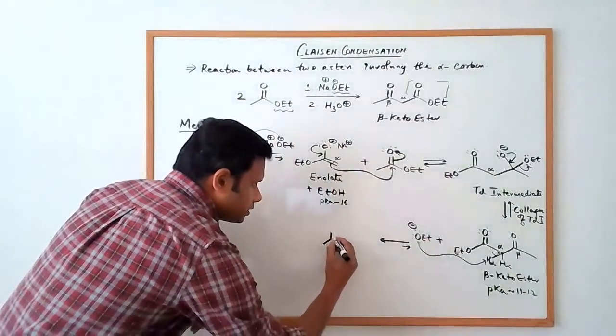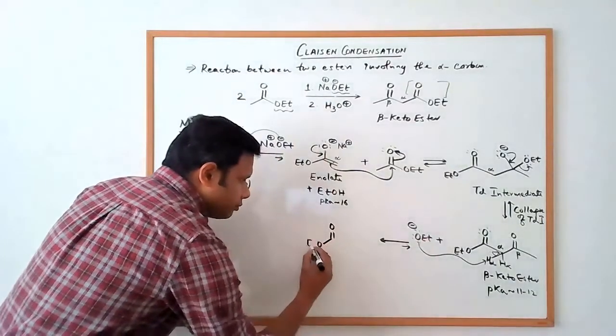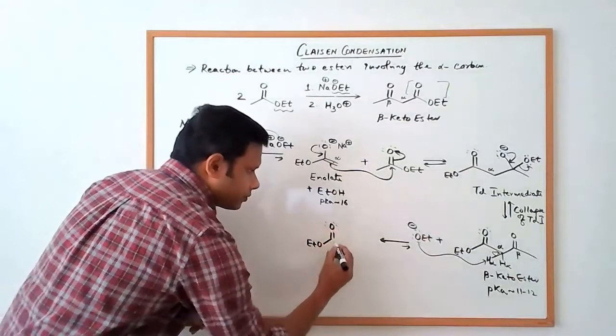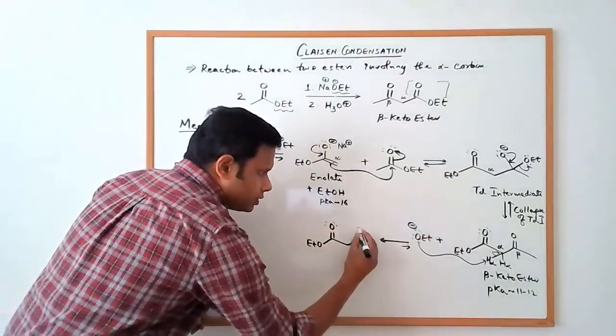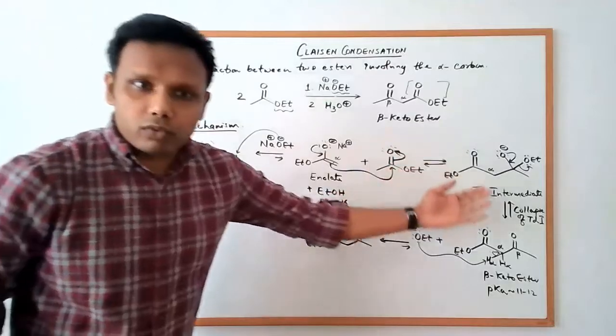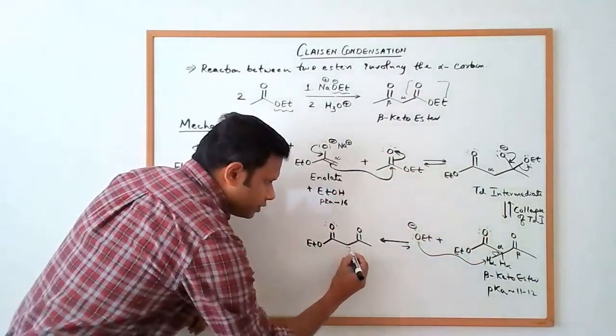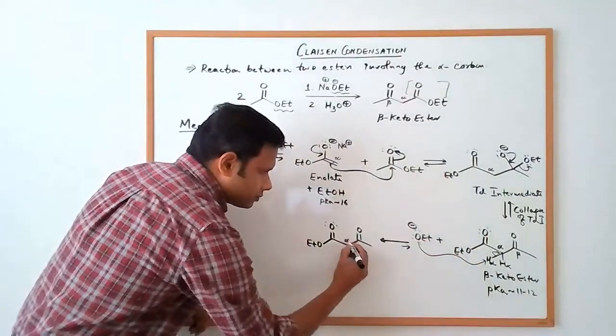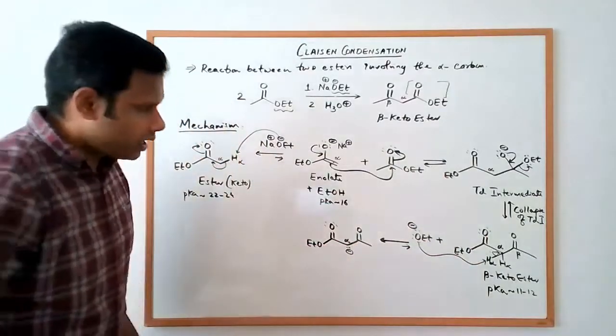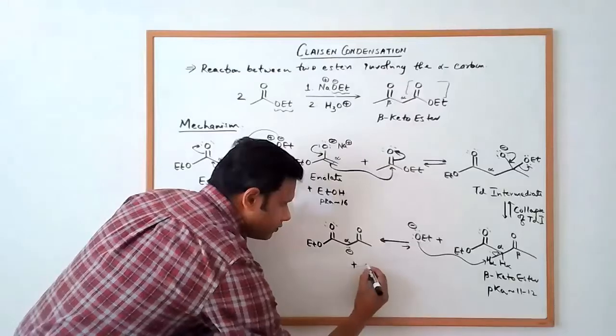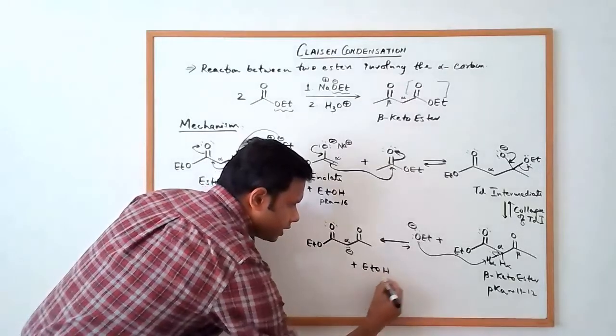So in some sense, it is this deprotonation event that pulls this reaction forward, that makes this reaction feasible, because this deprotonation that we did for that alpha hydrogen is now very feasible. So that's going to give us ethanol.